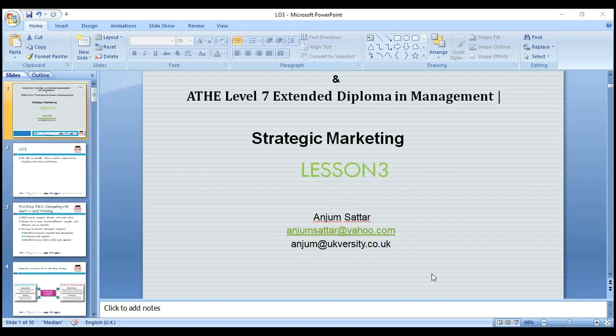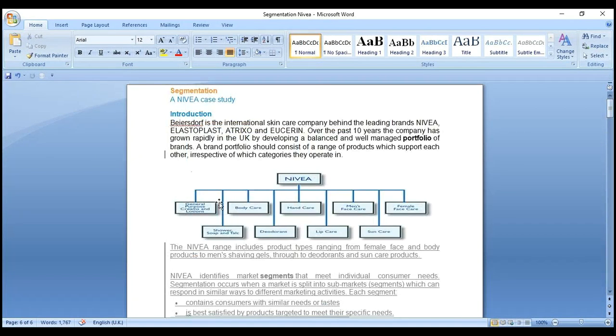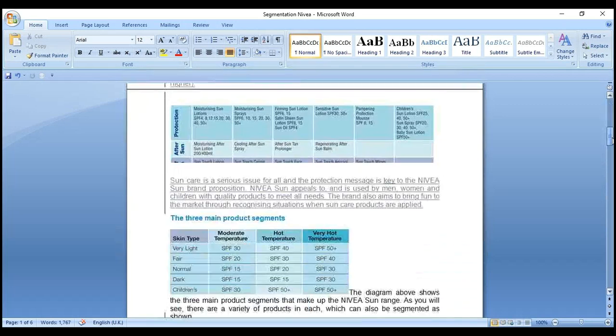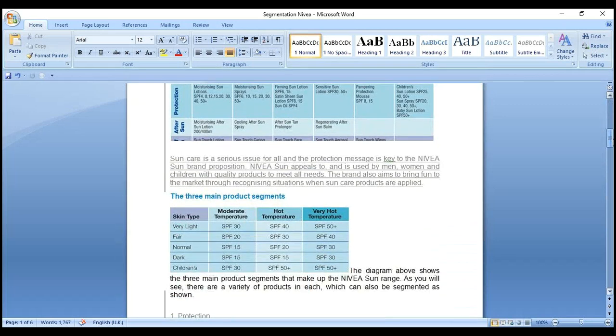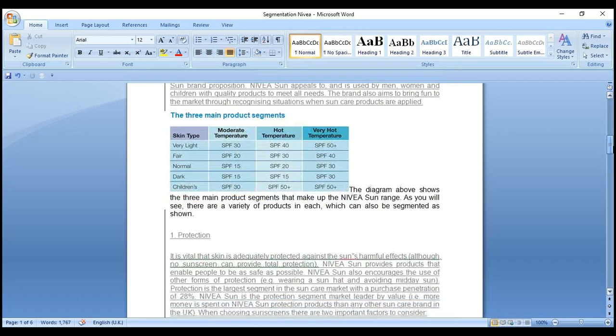Okay, so I'll send you one case study. It's quite a good case study to read as well. This case study shows how Nivea segments its products. The segments are men's creams, females, and different sun care products. It shows how they position themselves against the other companies. They have three men's product segments: hot temperature, very hot temperature, and moderate temperature.